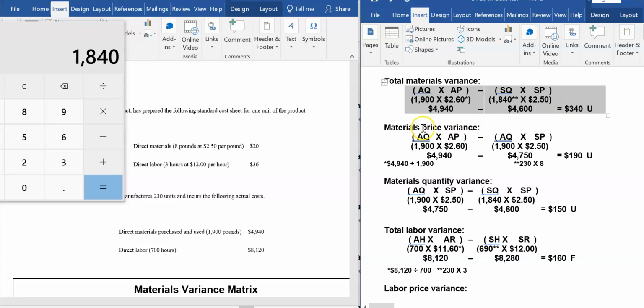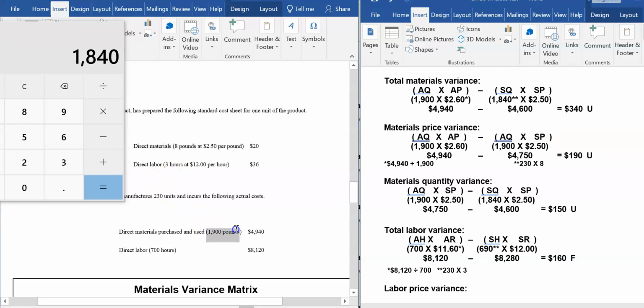Now let's break that down into the price variance and the quantity variance for materials. The total price variance is our actual quantity times our actual price. And then we're going to compare that to the flex budget, which is the actual quantity at the standard price.